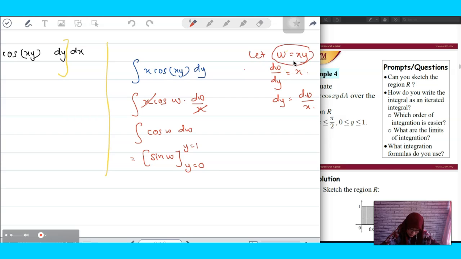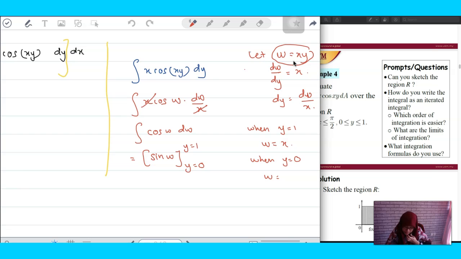Okay, so when y is equal to 1, w is equal to x. And when y equals 0, your w is equal to 0.